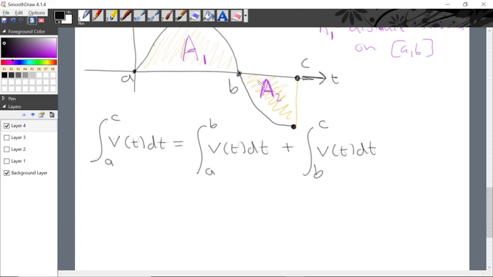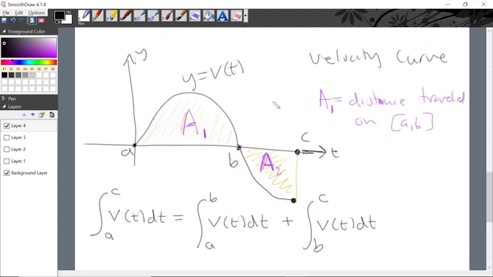Well, the area of that region does tell us about distance. But the fact that it is negative, what does that tell us? Think about the velocities here. For instance, on this subinterval here, the velocity is strictly greater than 0. How do we interpret motion when the velocity is greater than 0 for our object? Suppose this was an object that was moving on a horizontal line.